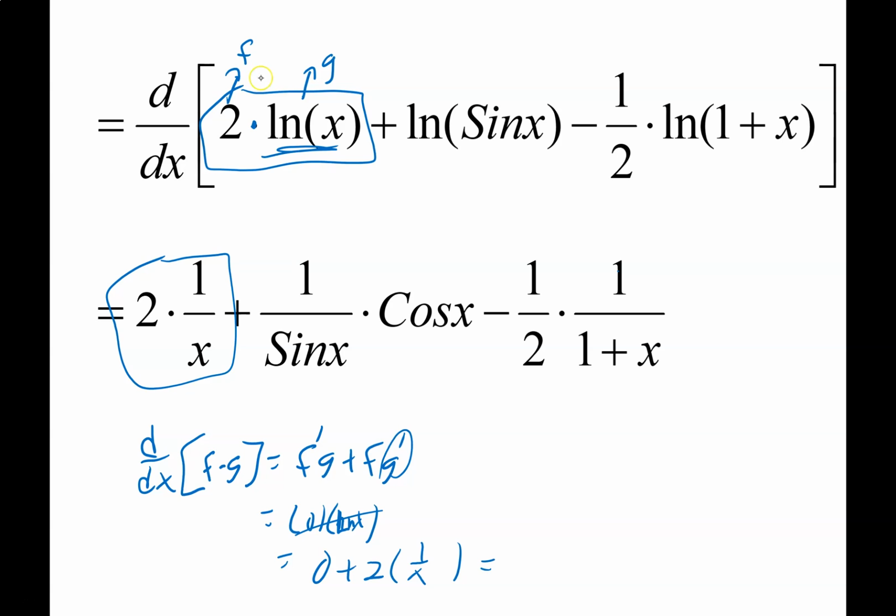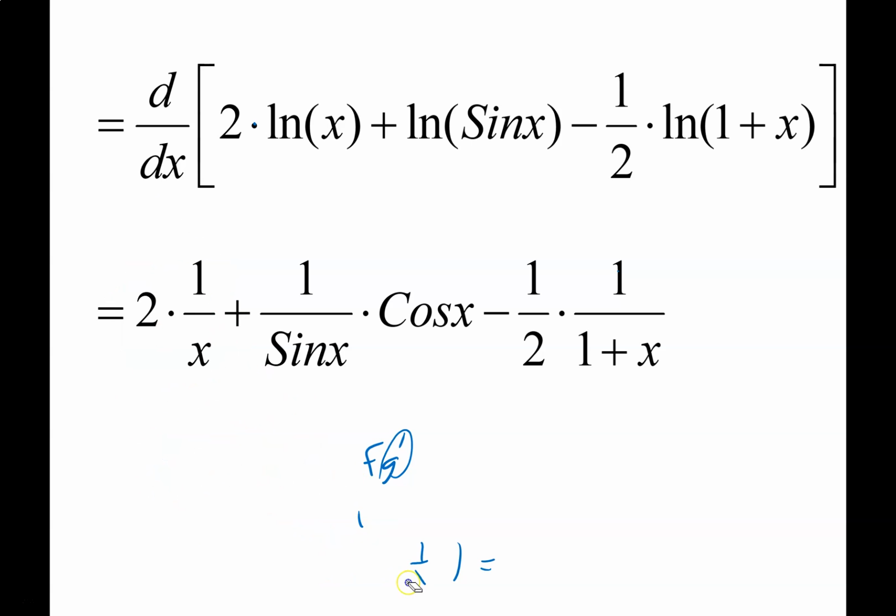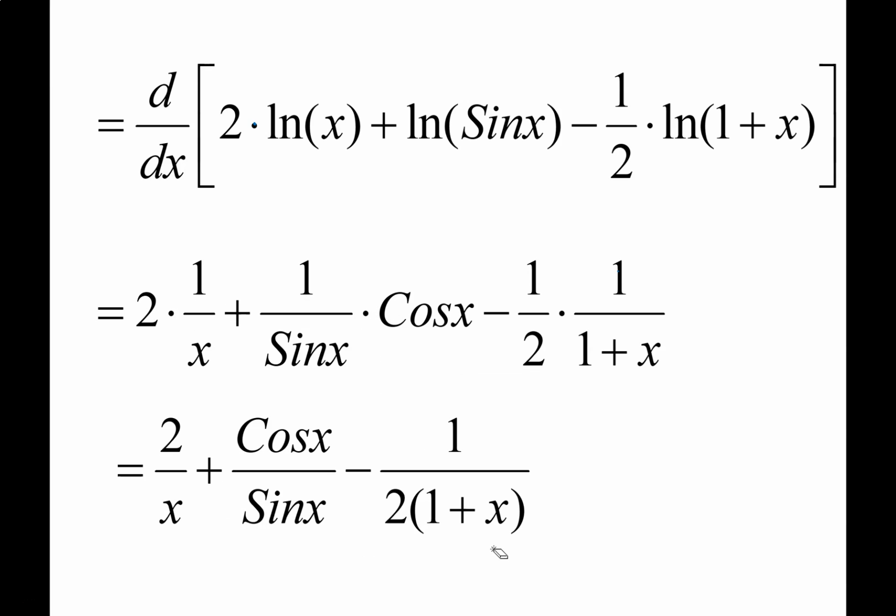So when you're multiplying just by a constant here, like if this would have been like a 2x here, yes, I must do the product rule here, but it doesn't have to be that hard. It's just a coefficient, I bring it down, and then I derive the ln. So then 2 times 1 over x is 2 over x. 1 over sine times cosine is cosine over sine minus this.